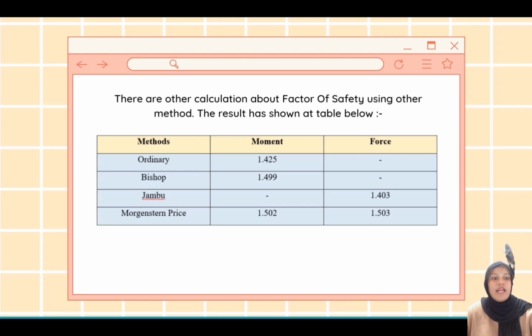And then method Janbu, there is no moment, but the force we got is 1.403. And then the last one, Morgenstern-Price, the moment we got is 1.502, and then the force 1.503.